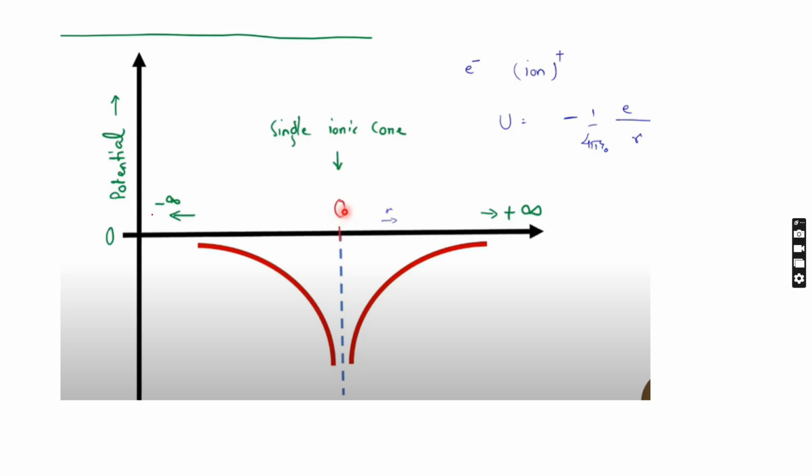The electron will be negative and the ionic core will be positive charge, so there will be an attractive force between them, right? And it will be Coulombic interaction. So the potential value will be minus 1 by 4 pi epsilon 0 times e by R, because the electron is negative charge and the core is positive charge.